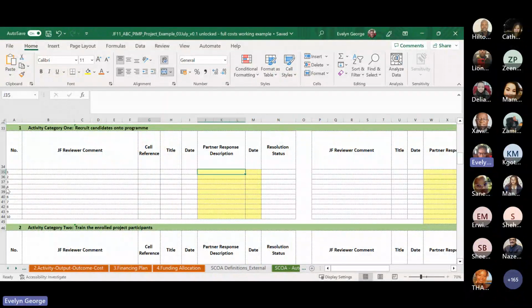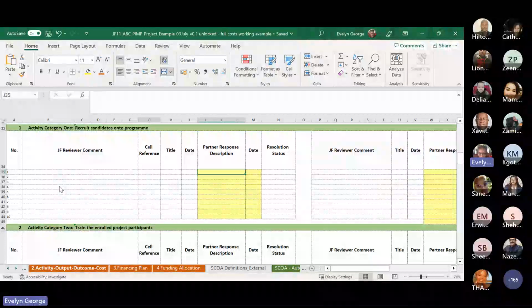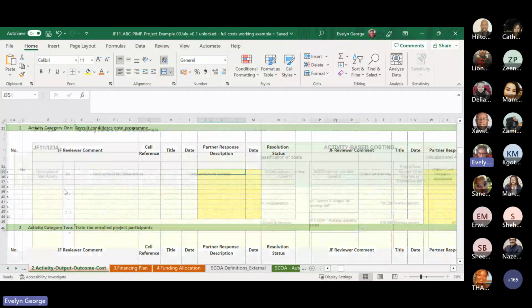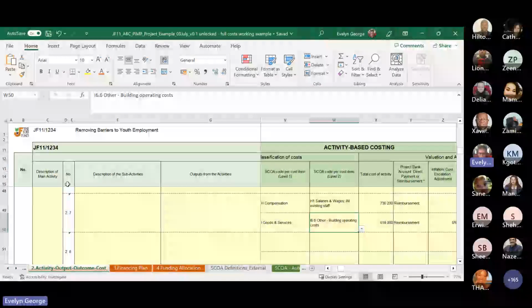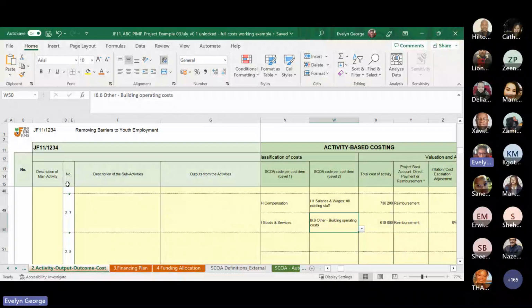So I'm going to go to the financing plan. But maybe before I go there, I just want to discuss some other elements of the costing side. In the example, there were some additional financial considerations placed therein, and I want to use it to respond to some of the questions being asked in the chat.